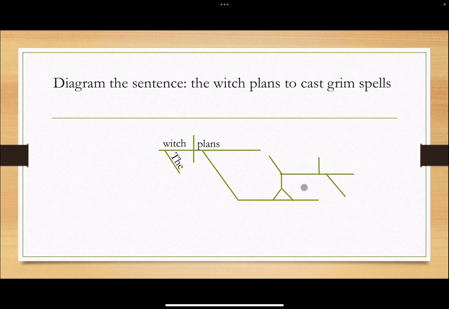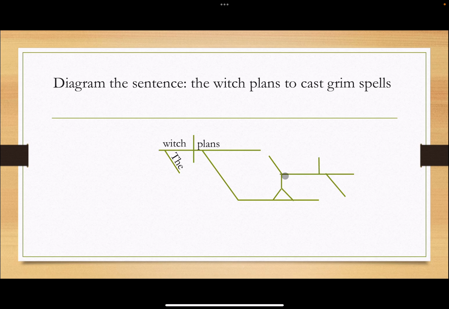What is being planned is the casting of these Grimm spells. So now we need to look at how to diagram our infinitive phrase, because this is our first time diagramming an infinitive phrase together. So we're going to draw a diagonal line from our verb, and then we're going to attach a horizontal line to it.